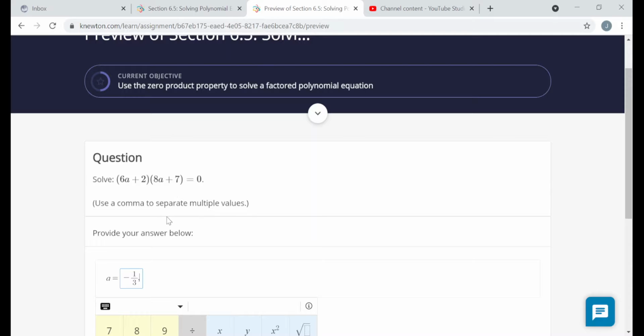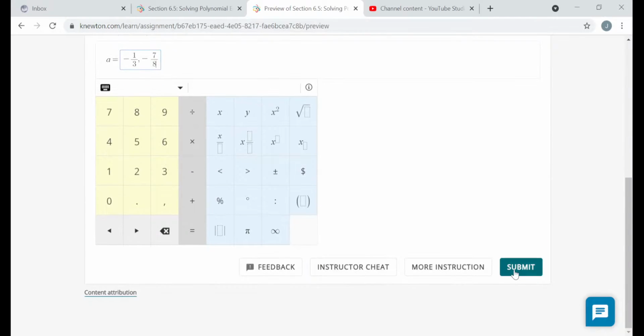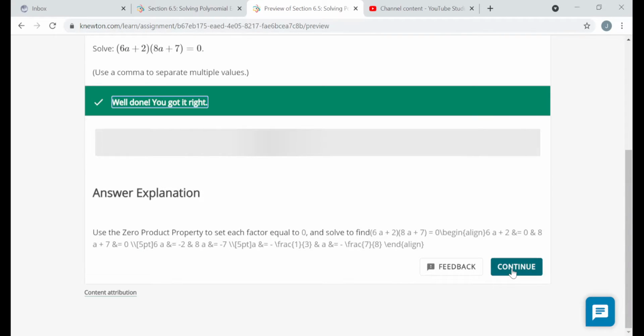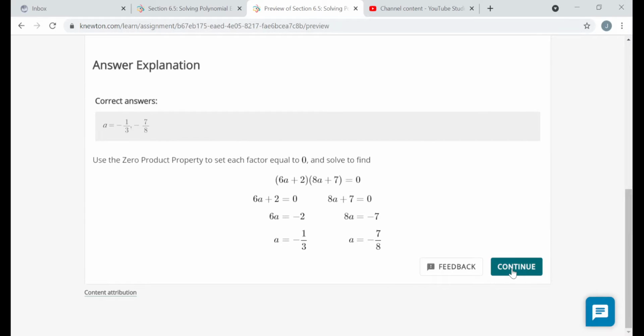That'd be when a is negative 7/8. You would subtract 7 divided by 8 if you were setting that equal to 0. So my solutions to this one are negative 1/3 and negative 7/8. Great. So again, pretty quick stuff when it's already a factored polynomial on one side and 0 on the other.